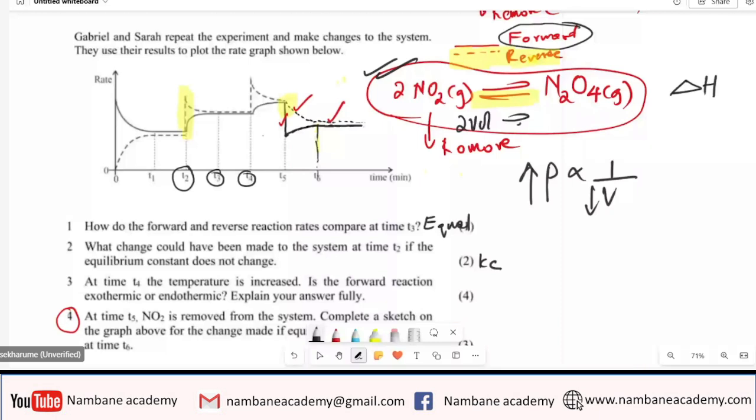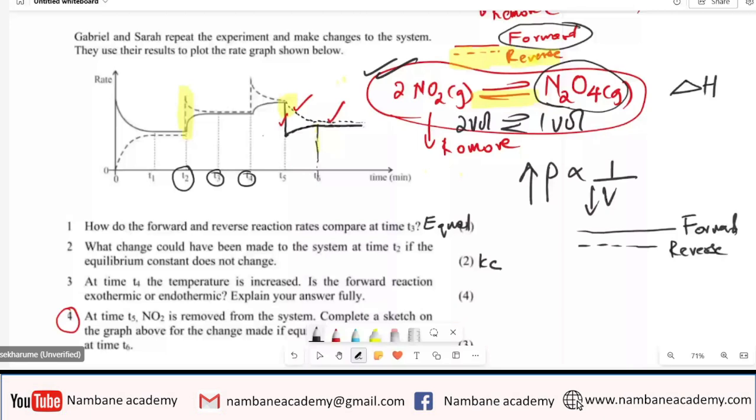If I'm increasing the pressure, which side will be favored? I'm going to favor the forward reaction, which is N2O4. The solid line represents the forward reaction, and the dotted line will represent the reverse.